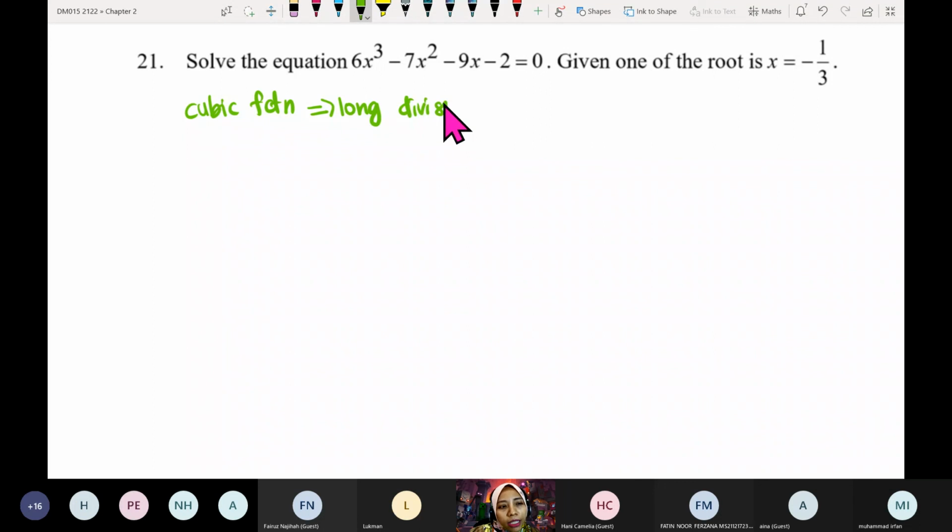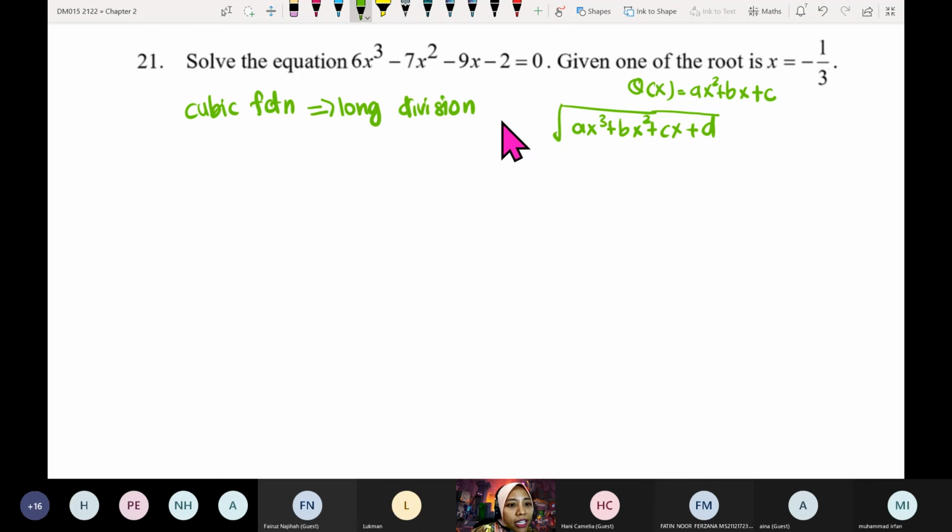Long division involves your polynomial ax cube plus bx square plus cx plus d, and it has a quotient. Since this is cubic, your quotient will be quadratic: ax square plus bx plus c. Meanwhile, this is the divisor, which is linear. The divisor must be factored, so if given roots, you have to modify it. So 3x equals negative 1.